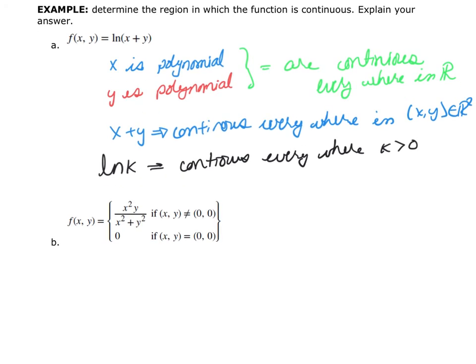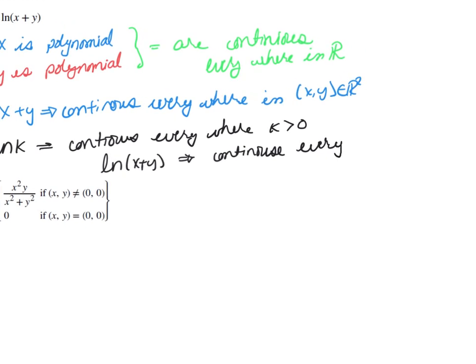So that means that the natural log of x plus y will be continuous everywhere in R2 such that x plus y is greater than 0.